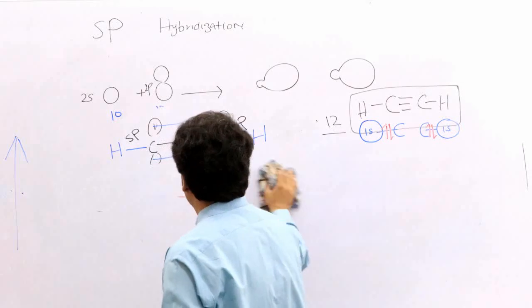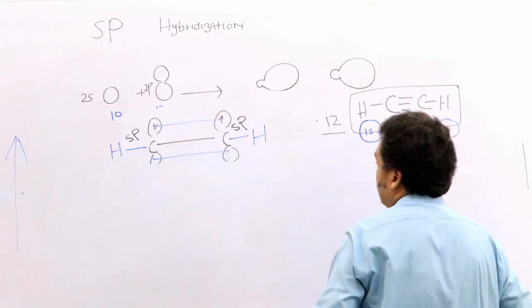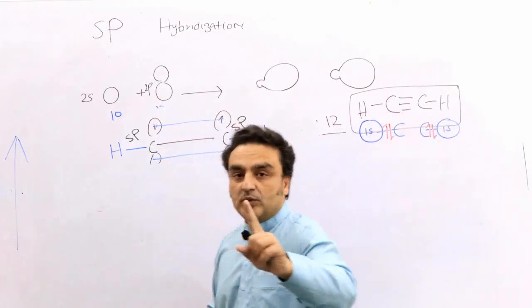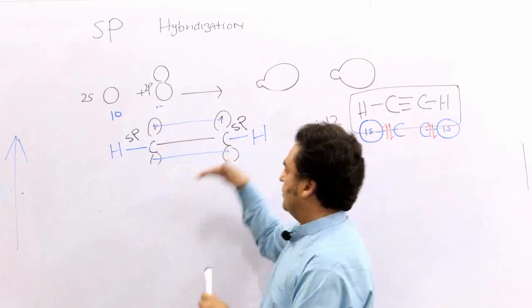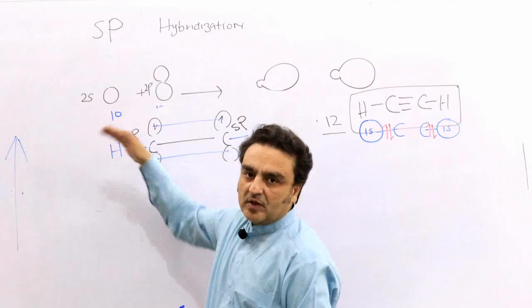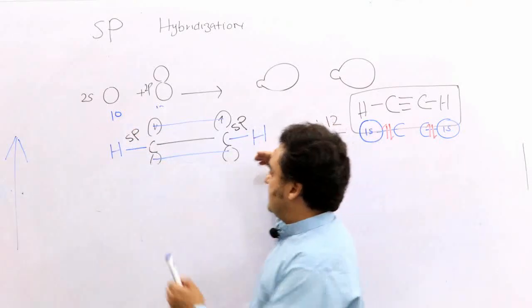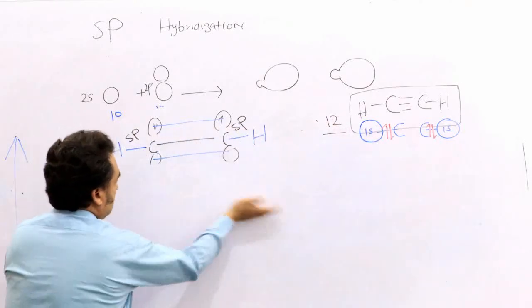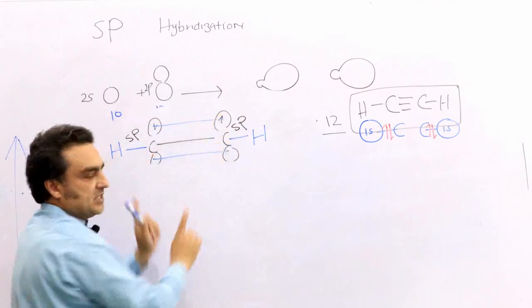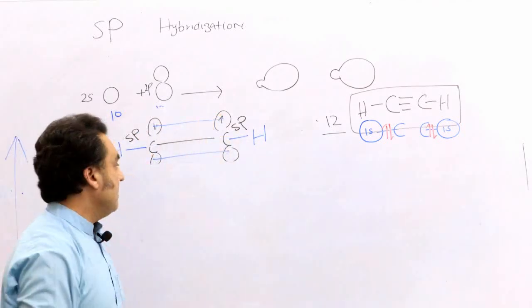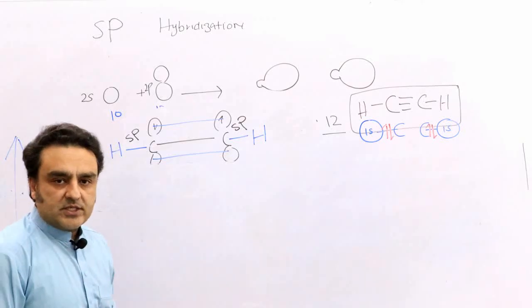So now the skeleton is a little bit modified. The other orbital should be perpendicular to this axis. This is called the sigma bond axis because this is the line for the sigma bond. Or you can say this is the x axis, so the sigma bond is on the x axis, this is the y axis, so two orbitals are on the y axis. Okay, what about the two other orbitals?